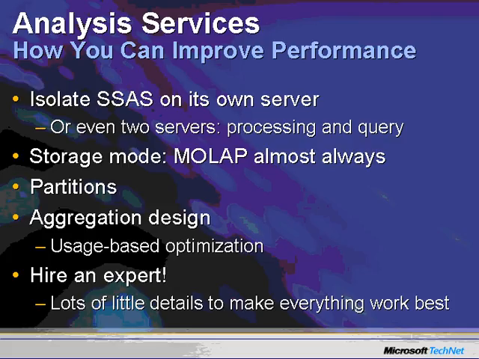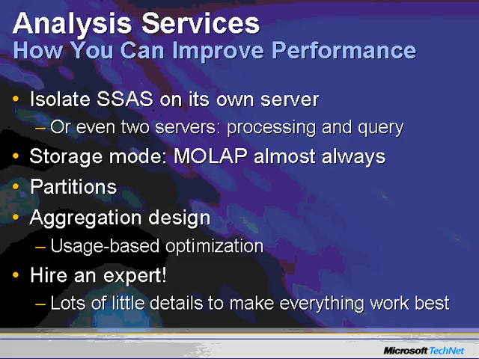But analysis services makes it very easy, and in fact, it's a very good idea to partition by more than one dimension. So with a large-scale analysis services database, with many fact rows in it, you want to partition a cube not just by time, but also by a second or even third dimension, such as product brand and customer region.